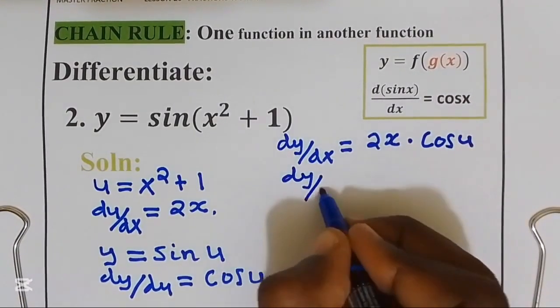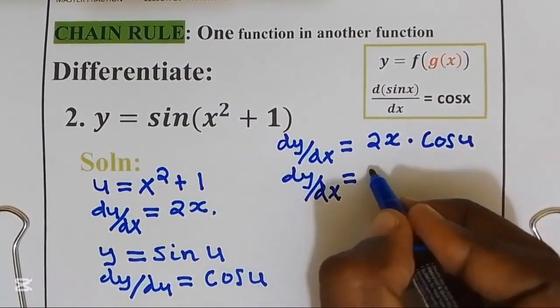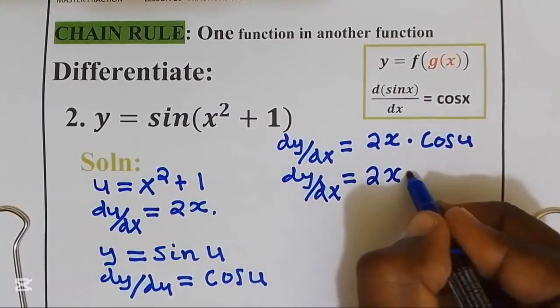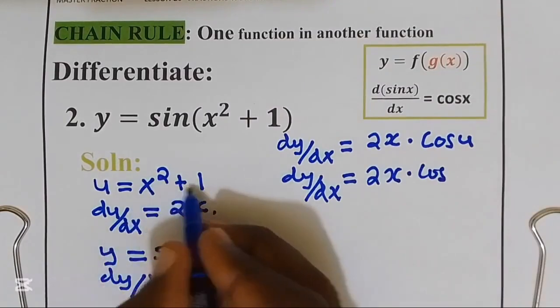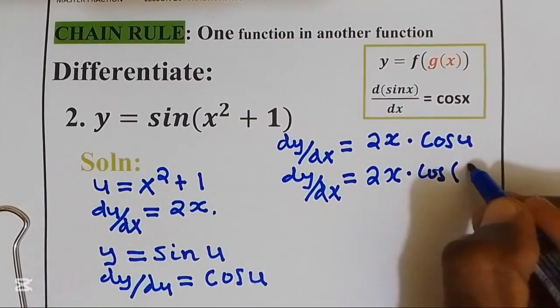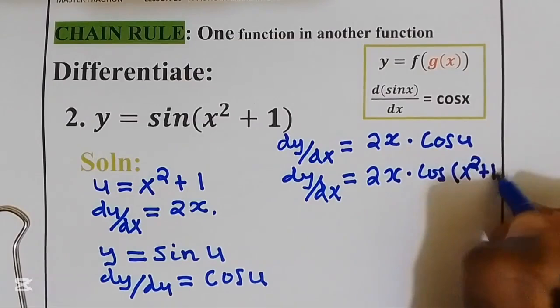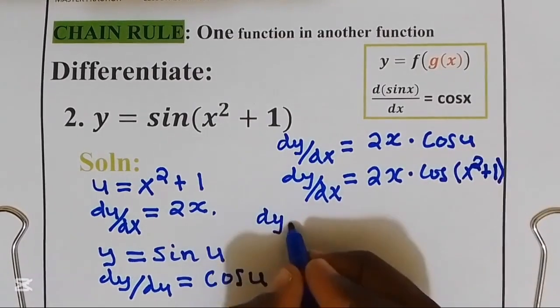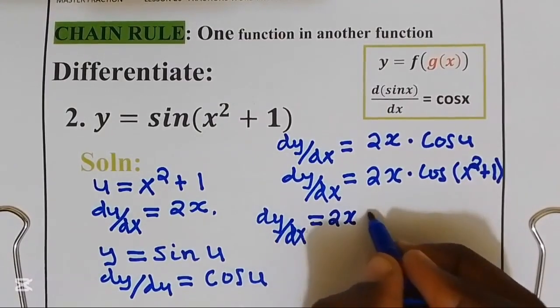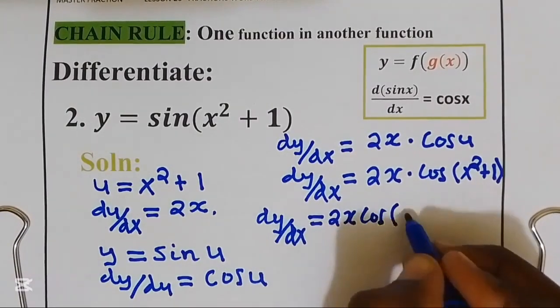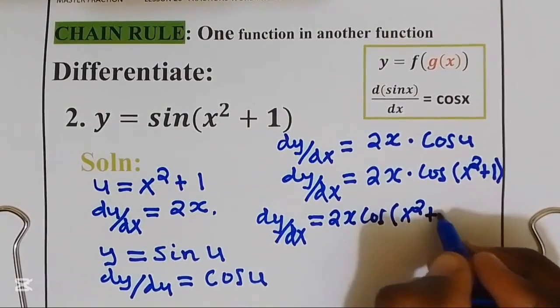So dy over dx is equal to 2x multiplied by cos u, where u is equal to x squared plus 1. Now, dy over dx is equal to 2x cos(x squared plus 1).